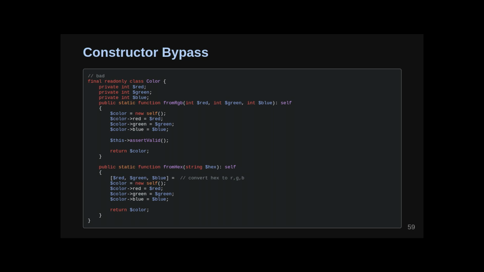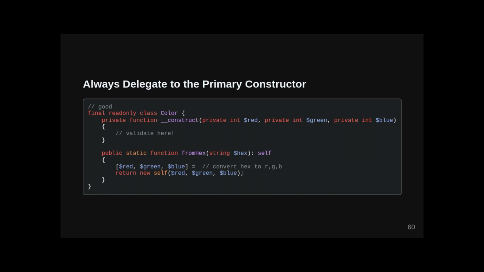So what's the alternative to this? And the alternative should be obvious, and we use a private constructor. So all of the static constructors delegate to the private constructor. And this isn't just about value objects, it's about any object in PHP, right? Always instantiate your dependencies for your class through the constructor.